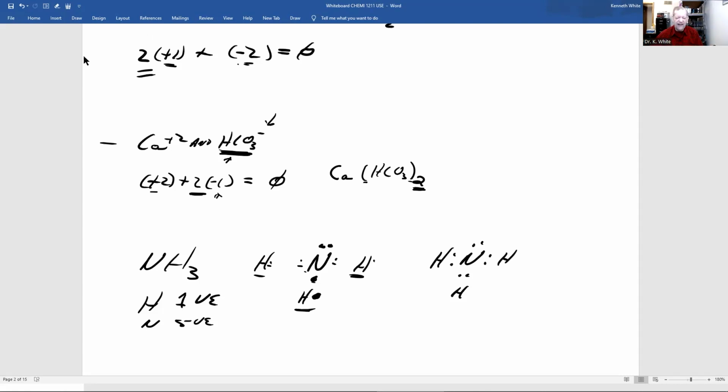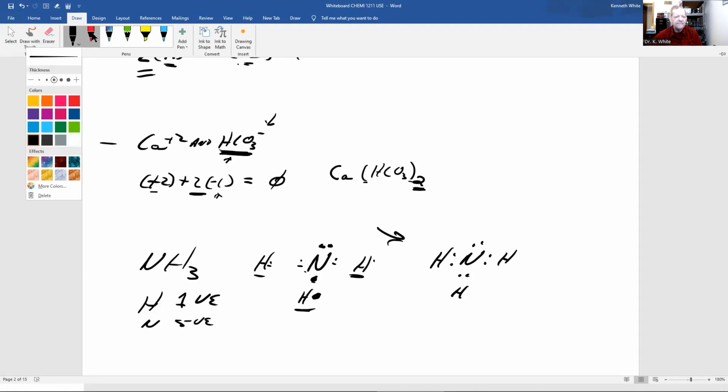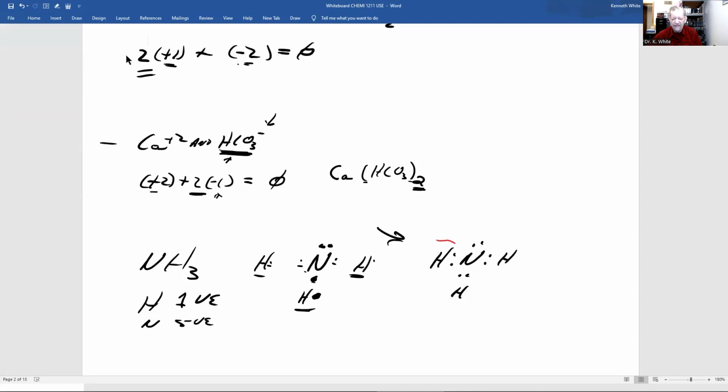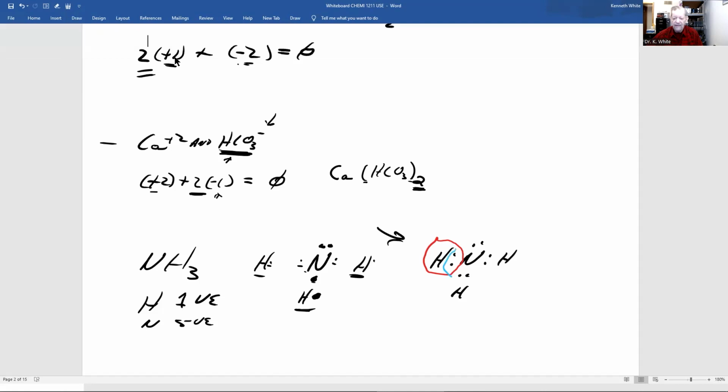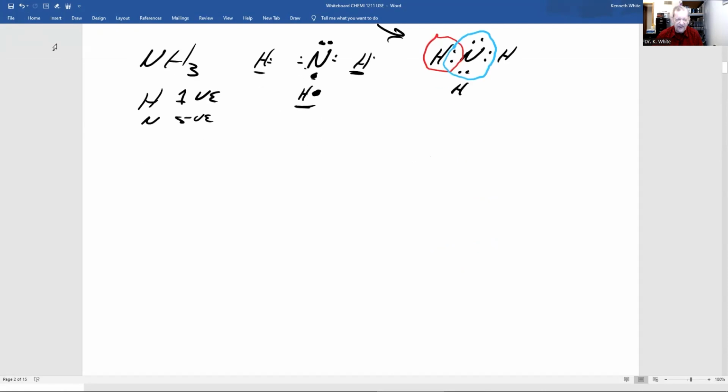And if we look at this structure, this hydrogen has 2 electrons, shared or unshared. Same with the others. Now, if we look at nitrogen, count the dots, 2, 4, 6, 8. It has its octet. And that's how you do it.